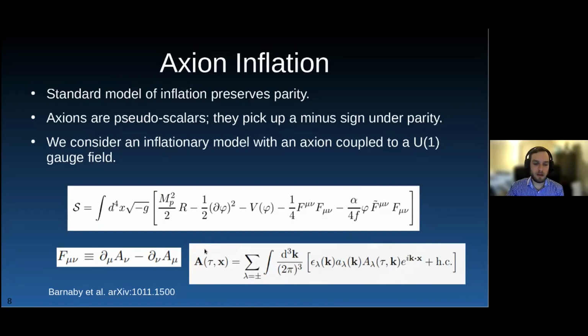We work in the Coulomb gauge where the temporal component of A vanishes, and the spatial components can be written in this decomposition of circular polarization vectors epsilon. And these are the annihilation operators of the gauge field quanta, and capital A sub lambda are the mode functions for the gauge field.